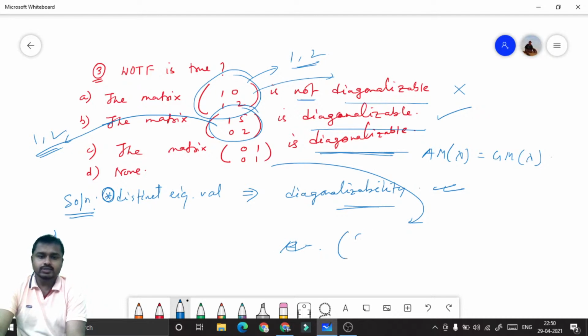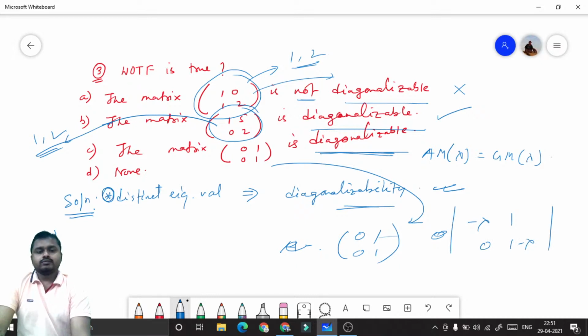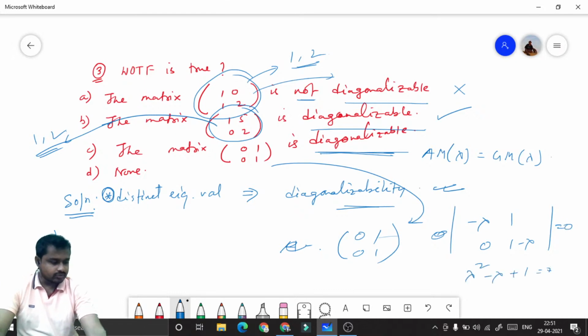So this matrix 0 1 0 1, what are the values? What are the eigenvalues?